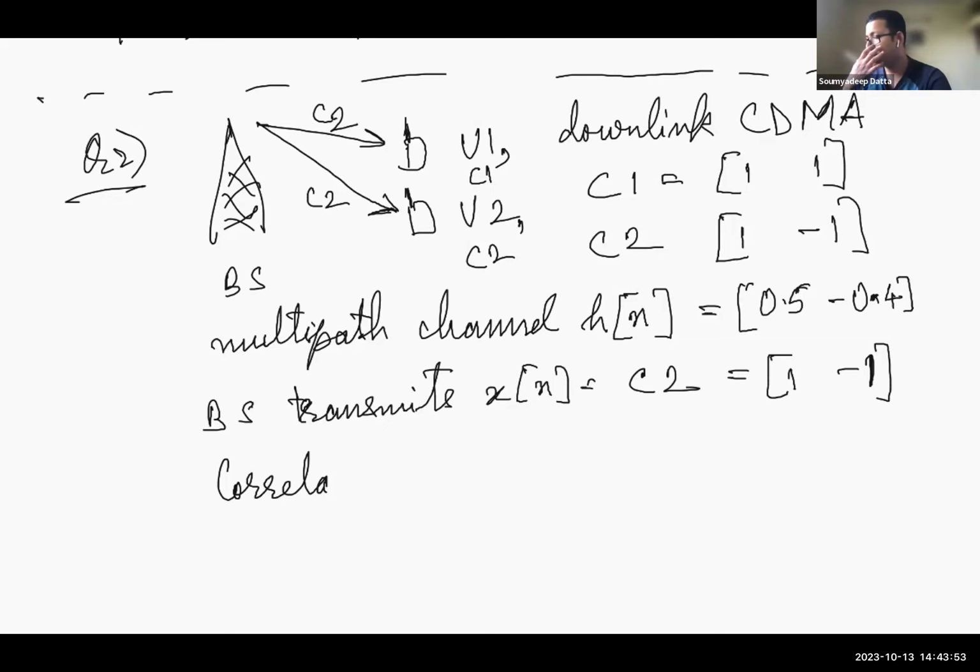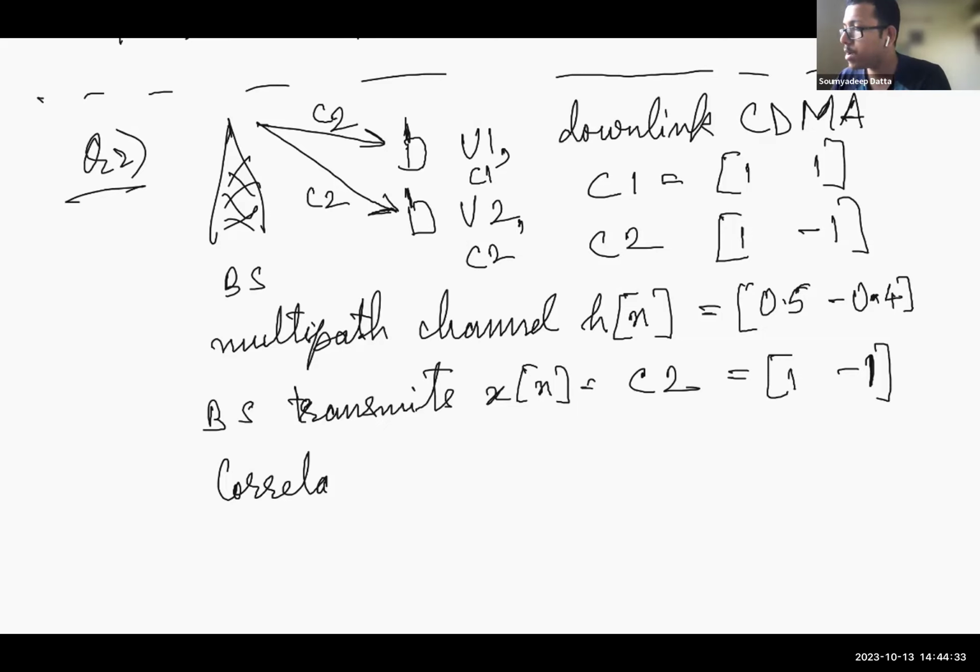And this is for n equal to 0 till capital N minus 1. And what is this capital N? Typically, let me use capital L, it is more intuitive. L minus 1.